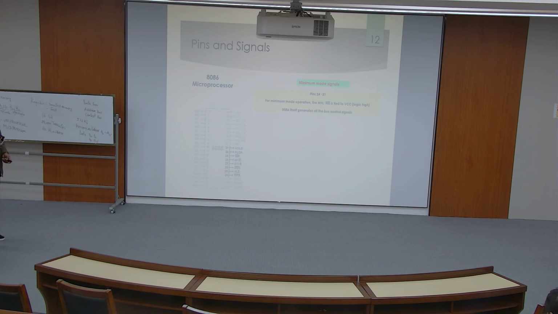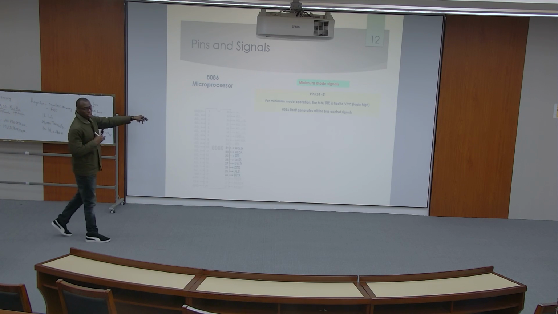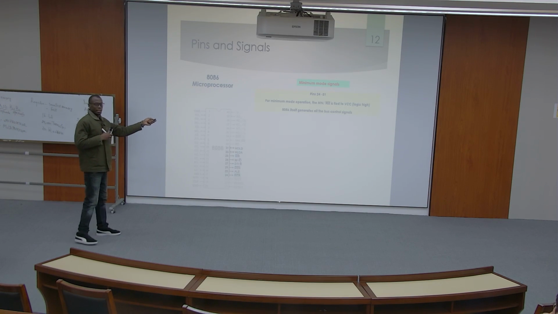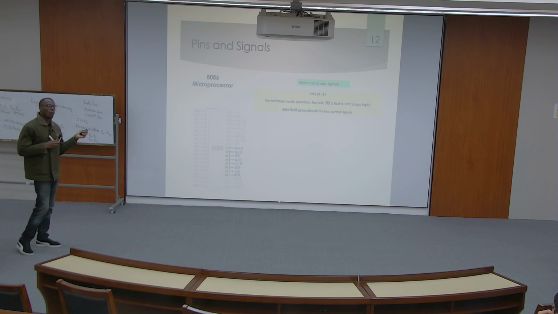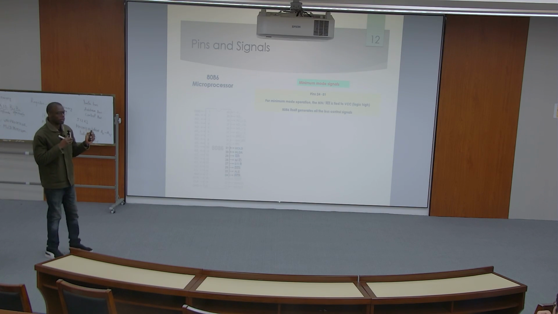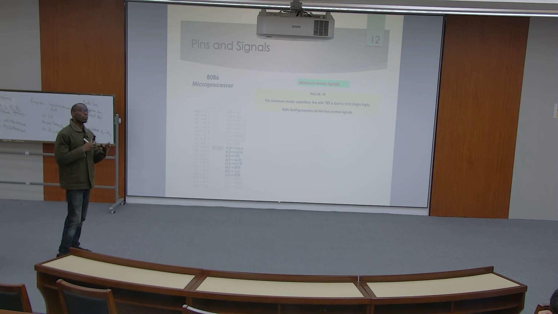Now, in minimum mode, pin 24 till pin 31 will be selected if the min mode is active. That means it is in minimum mode, in a uniprocessor setting.